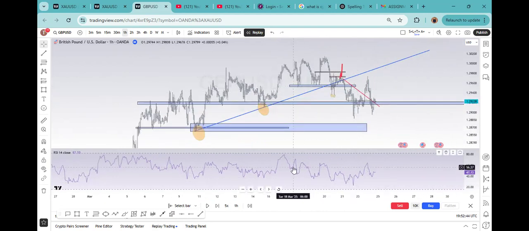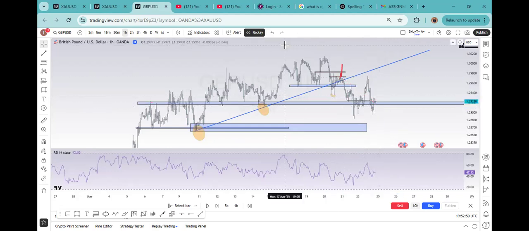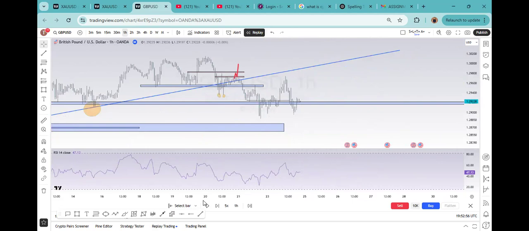It's very powerful. This was a minor structure trend line, so I'm going to remove it. Very minor, can easily be broken. Price went outside and inside it. So we're just going to use this level. I really want to go over what price is doing now.